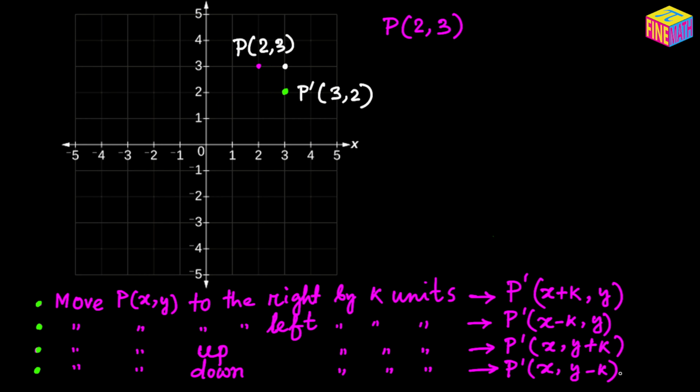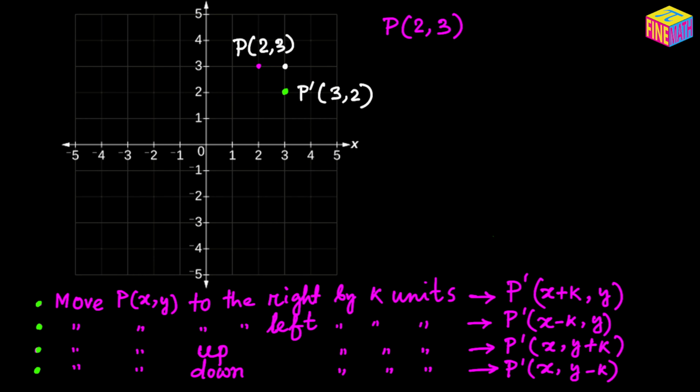Similarly, if we move that point to the left by k units, then the new coordinates would be x minus k, y. And then if we move the point up by k units, then the coordinate of the new location would be x, y plus k. And also if we move the point down by k units, then the coordinate of the new location would be x, y minus k.